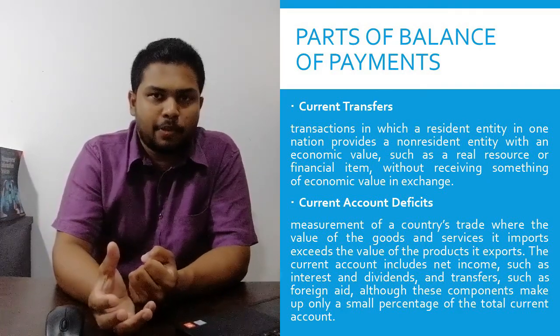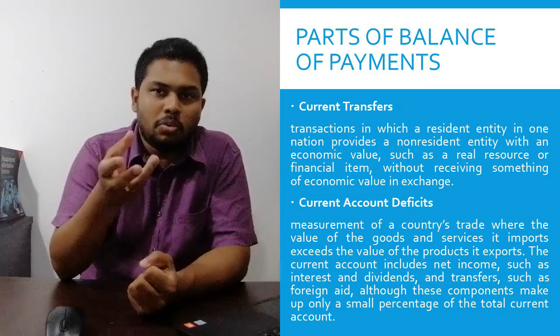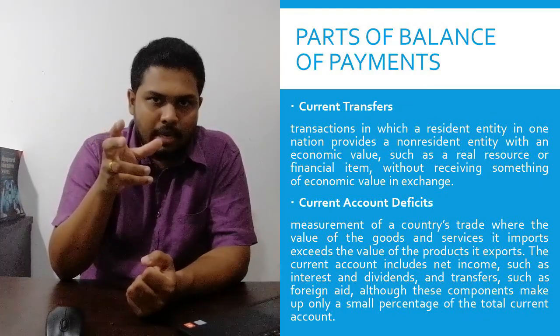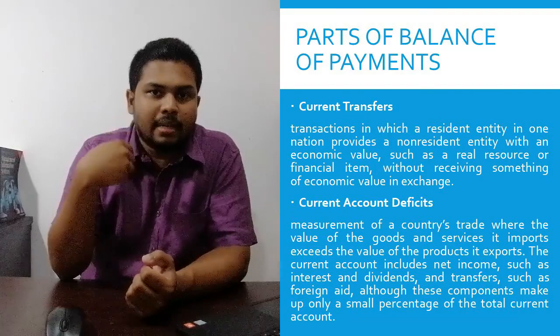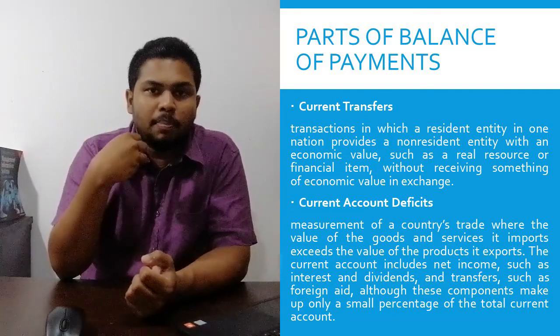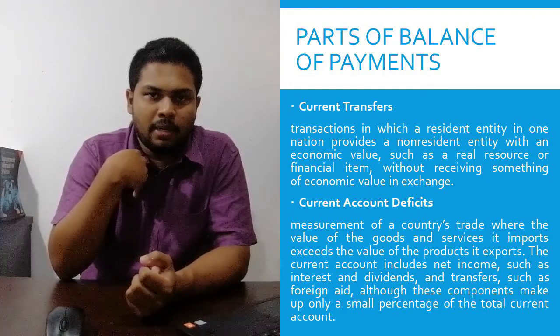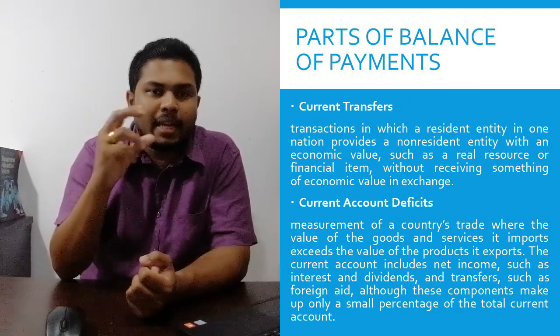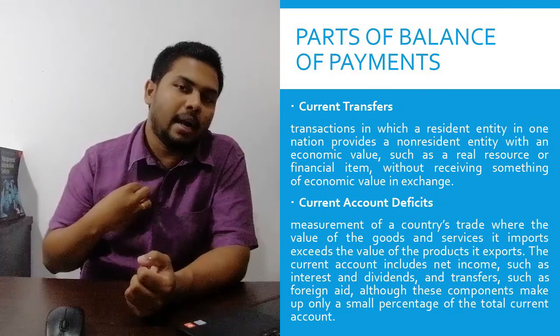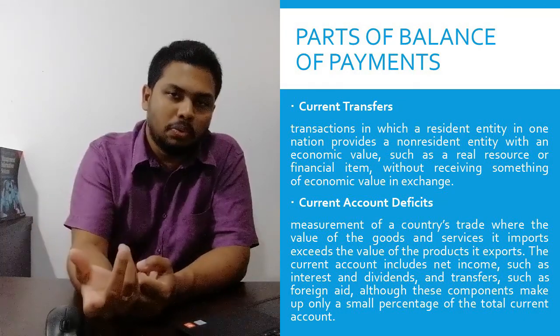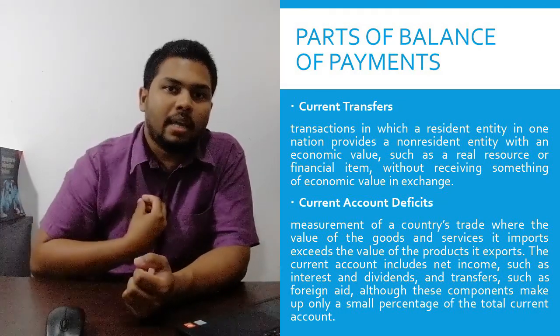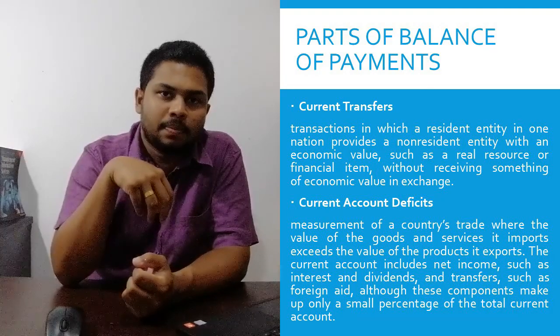Let's suppose that you and I do a transaction. I will give a book to you, but you won't pay anything to me. In that case, that is a sort of free exchange, in the sense that I gave something to you, but I didn't receive anything in return.